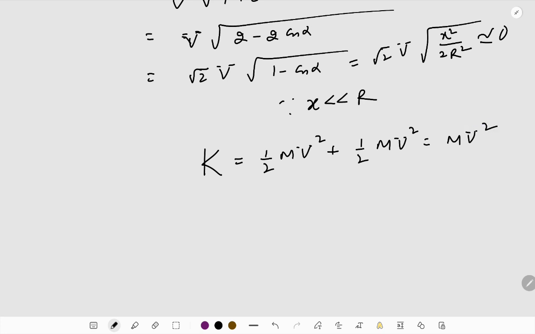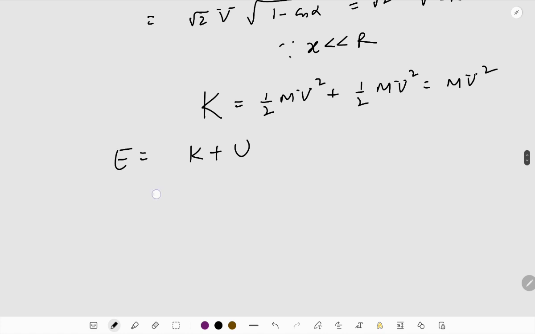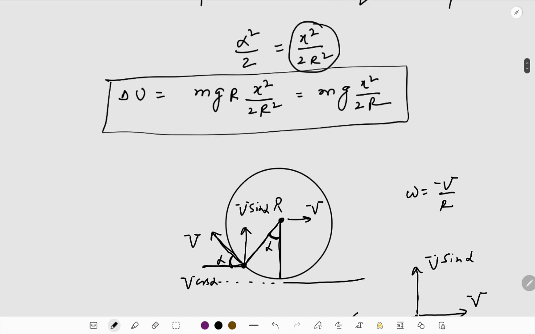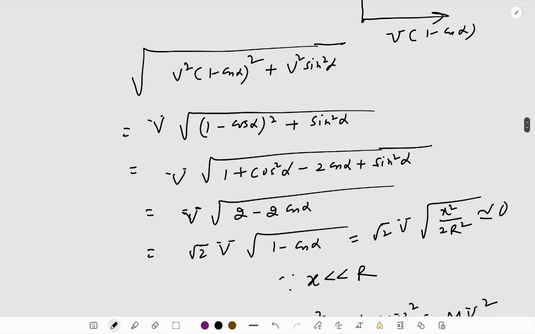And now I am going to use the conservation of mechanical energy, that I am going to equate the potential energy and kinetic energy. I can write its total mechanical energy is equal to the sum of kinetic energy plus potential energy, and its kinetic energy is only half mv square plus potential energy was something like mg x square by 2r.